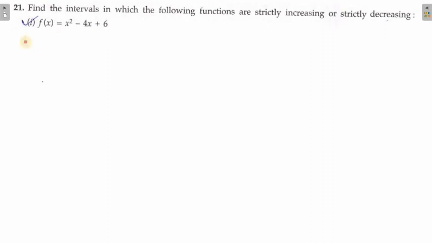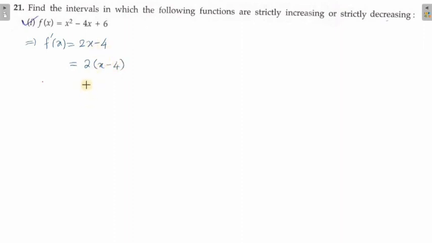When you differentiate this, you get f dash of x equals 2x minus 4, isn't it? And it's always better that you factorize the remaining stuff. So when you factorize this, you get this much.